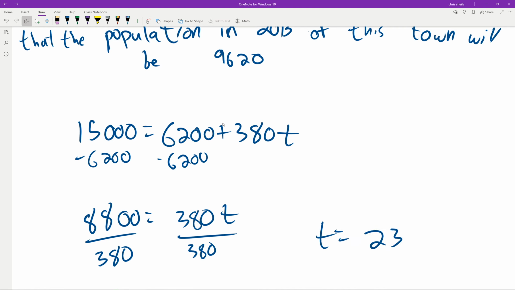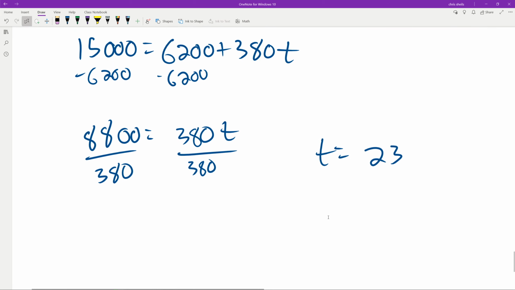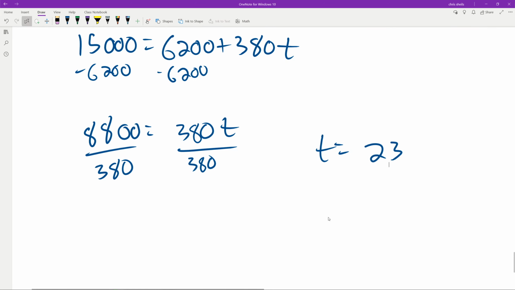It's going to be 23.158. So our model predicts that the population will reach 15,000 in 23 years, or in the year 2027, because 2027 is 23 years after 2004.